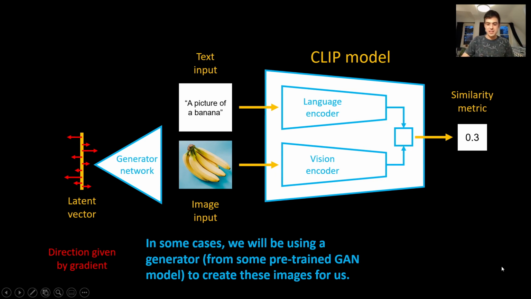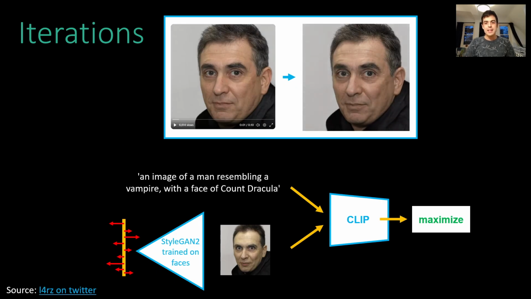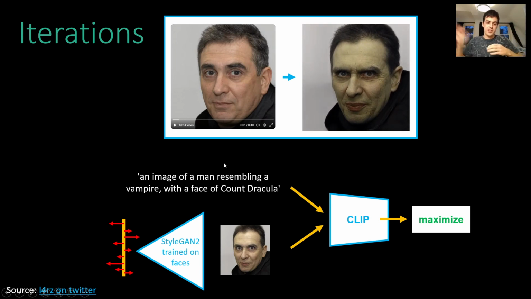So let's actually see this in action a little bit. This was the example that we saw at the beginning in the motivation section. We have a face and we wanted to change it in the direction of a vampire. And so we start with some image here.